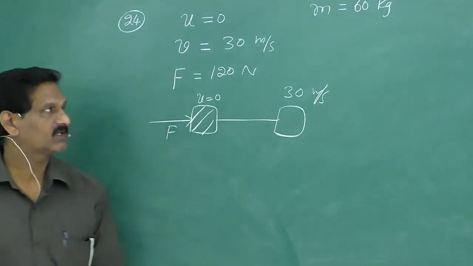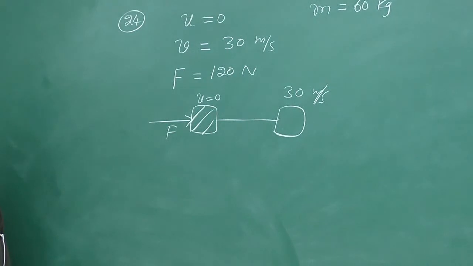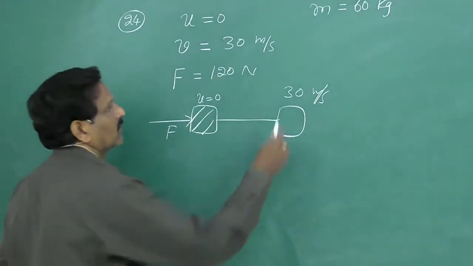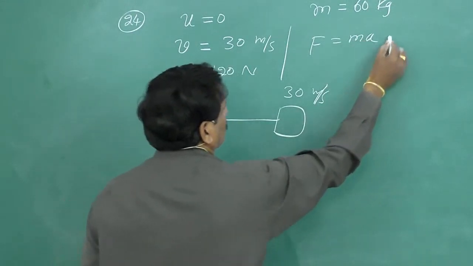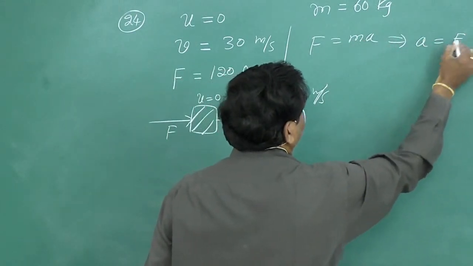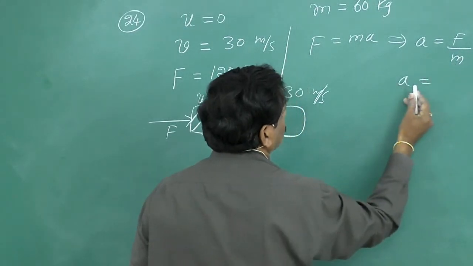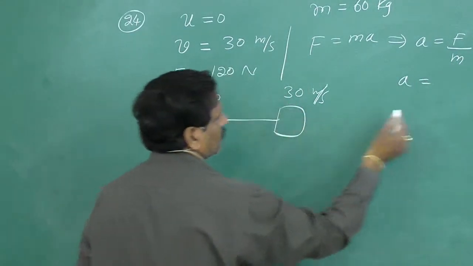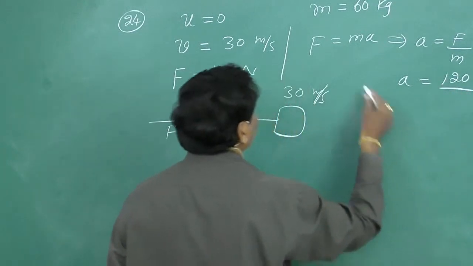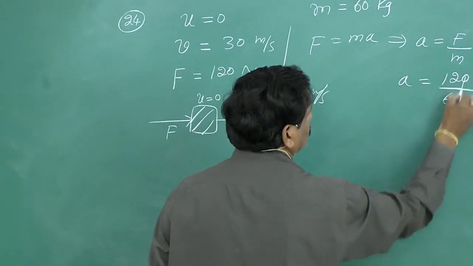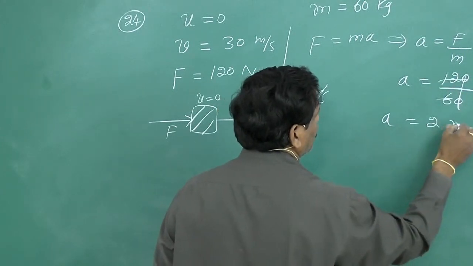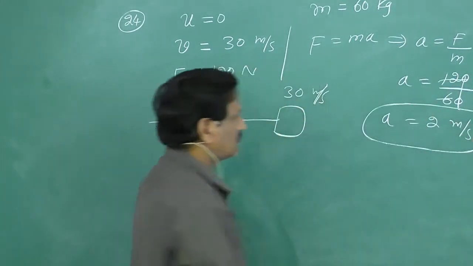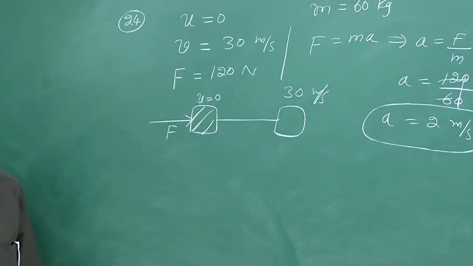First, F is equal to ma, which implies a is equal to F by m. So a is equal to 120 by 60, which is 2 meter per second square. This is the acceleration produced in the body due to the constant force of 120 Newton.